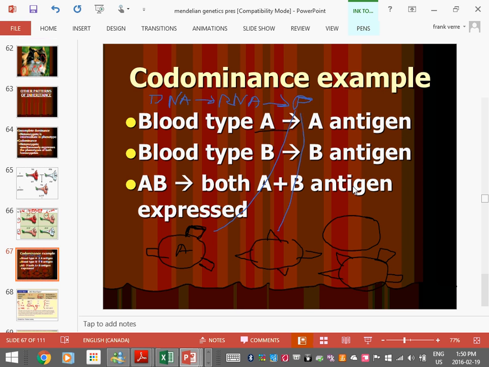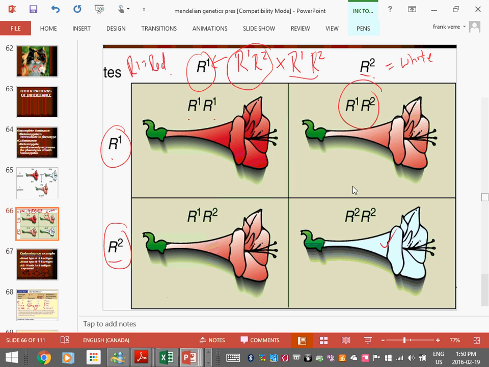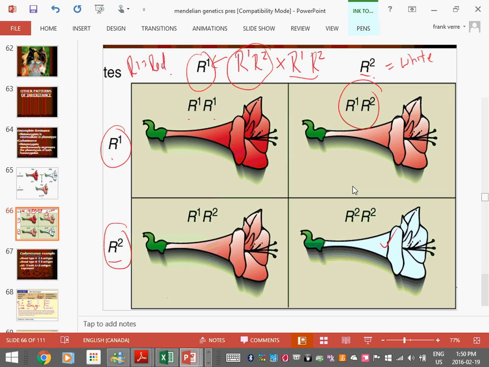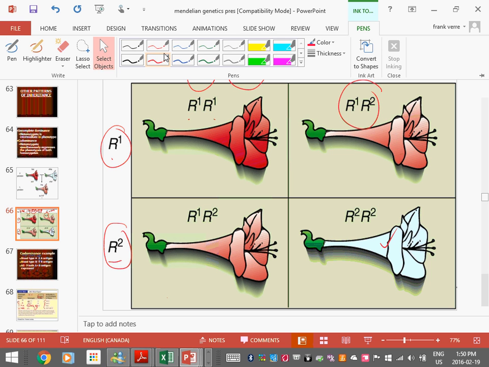Codominance is a little bit different than blending. Okay? So in blending, I like to think of it as like the average out. The average out, right? Codominance, they both show up. So an example is, imagine that if this was codominance, this flower over here would not be pink.